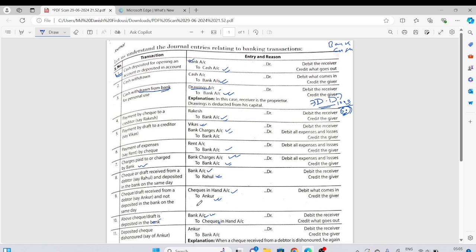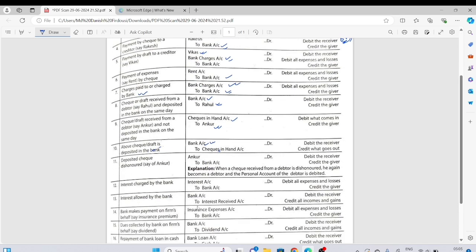Now come to the next transaction, that is a deposited check dishonored. Suppose you have a deposited check and your check has been dishonored, then what entry will you pass? At that time you will make just the opposite entry. Maybe due to insufficient balance or any other cause, your check has been dishonored.